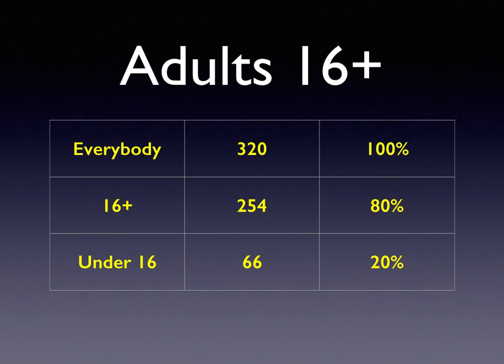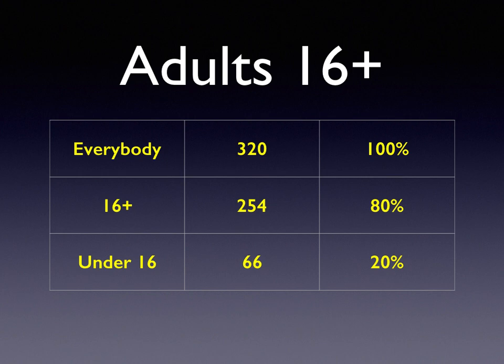So we start with everybody in the country, and this data is a couple of years old, but we had 320 million people in the U.S., representing 100% of our population. If we just look at those age 16 and older, it's about 254 million, so about 80% of the population falls into that category.